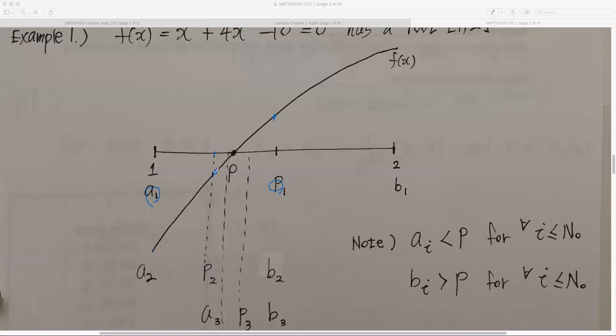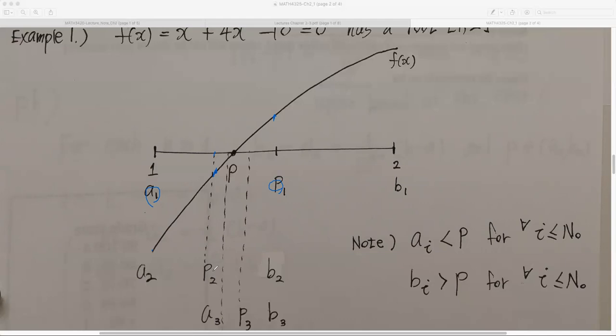And then what? If we just set p2 as b3, then we're going to get big problems. Let's say a2 is a3 and p2 is b3. We cannot apply the intermediate value theorem because f of a3 is negative and f of b3 is also negative. That doesn't satisfy the assumptions of the intermediate value theorem.